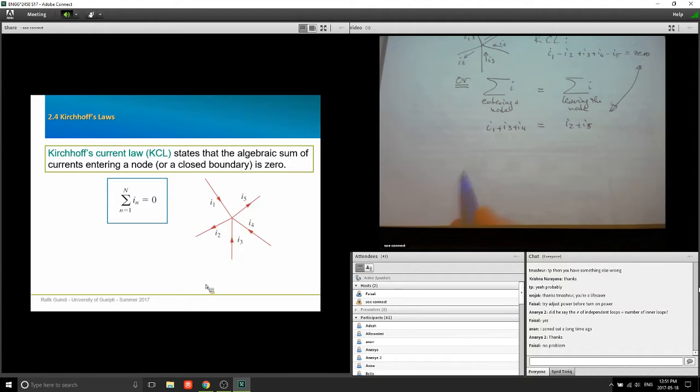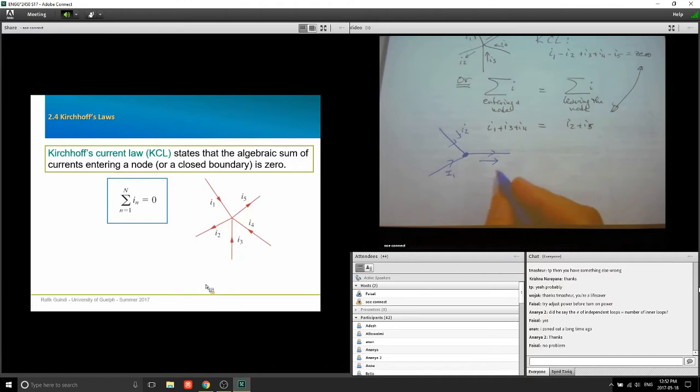Why is that? Remember, the current is really like a flow. Think of the current of water. If you have flow I1 and flow I2 flowing like that into a node, what comes out on the other side has to be the sum of these two, right?